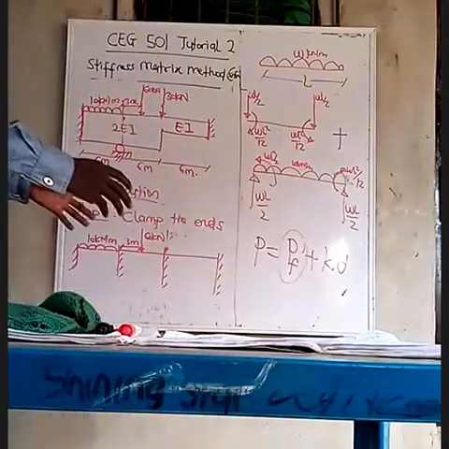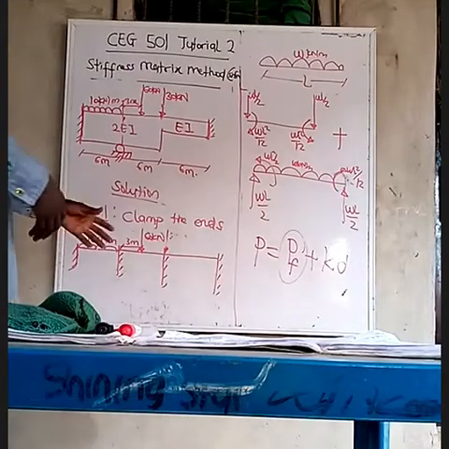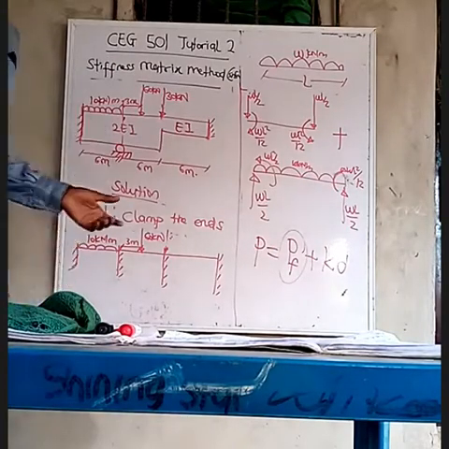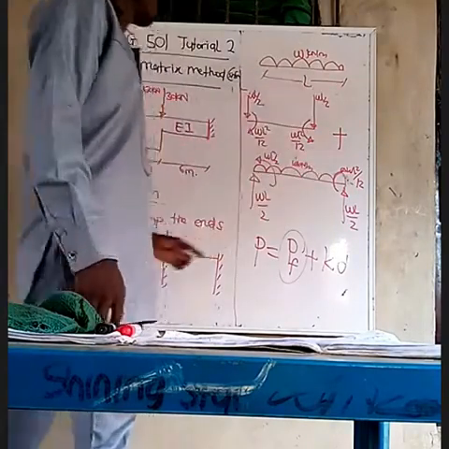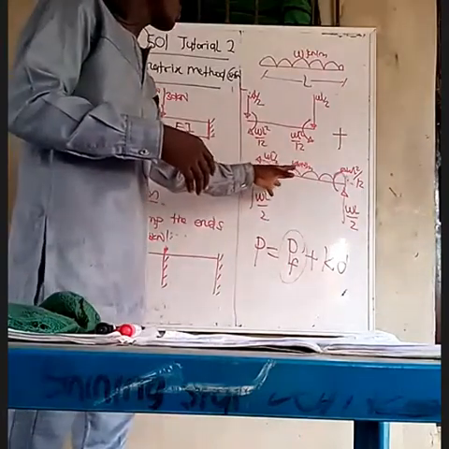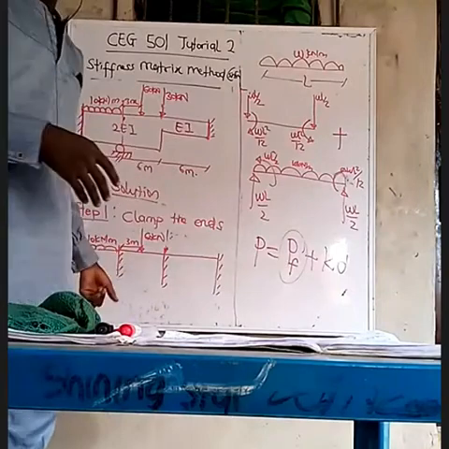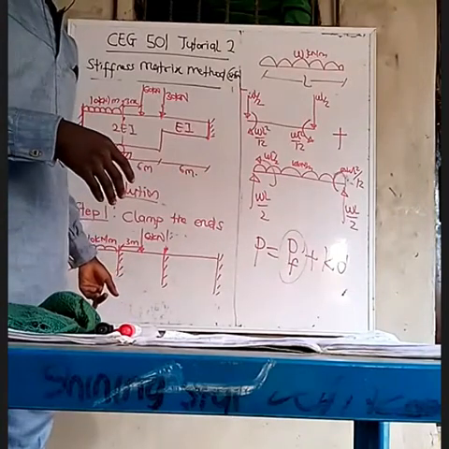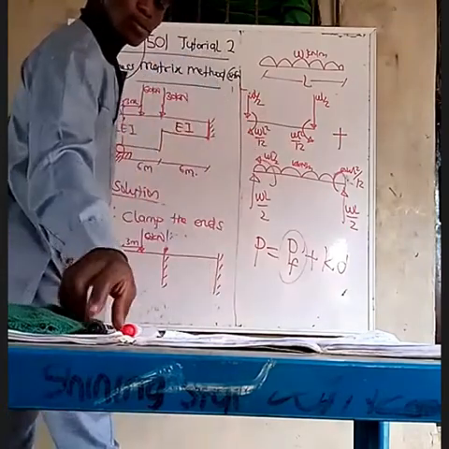Okay. The idea is, because in our derivation there wasn't load in the middle, but now there is a load, we must find a way to cater for that load. You understand? This W kilonewton per meter. If you want to express this one as this, because these ends are fixed now, that means there should be a moment there. You understand?